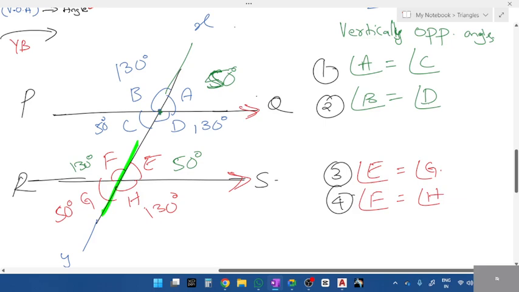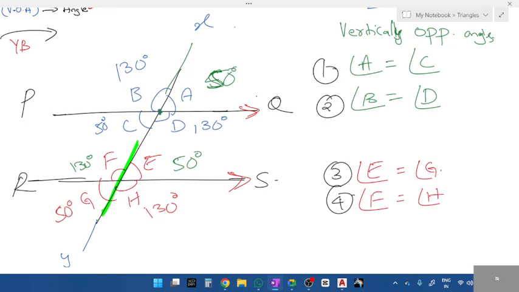Two parallel lines will have four pairs of vertically opposite angles. Right?